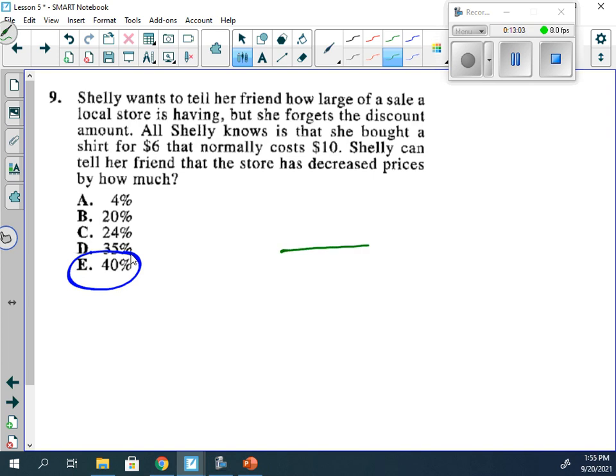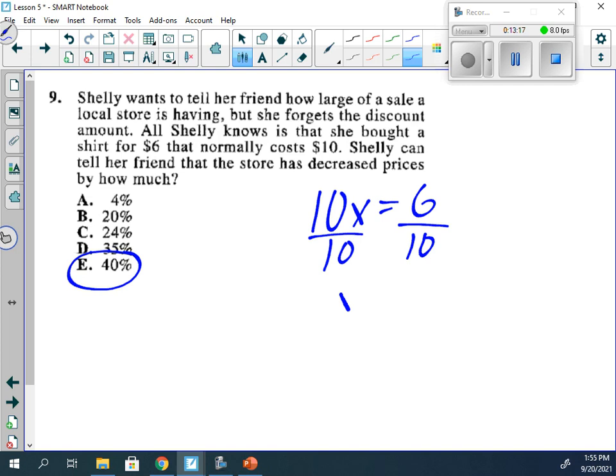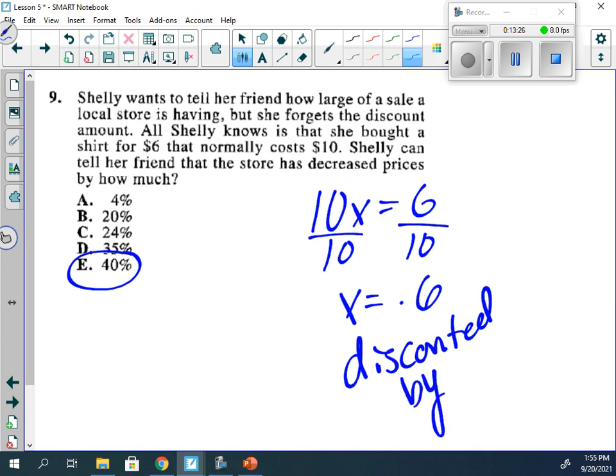Mm-hmm. 60%. Right. That's what she pays. Yeah, actually, that's more correct, because 10x equals 6. X is equal to 0.6, so it was discounted by 40%, as we went that way to get to it.